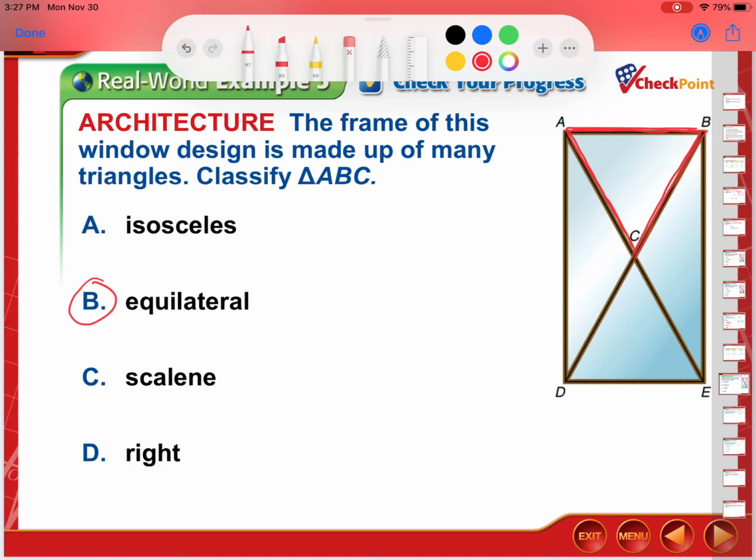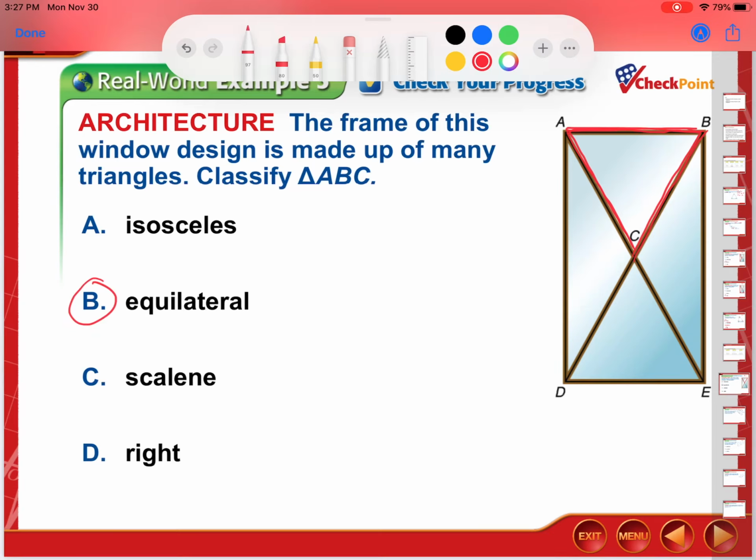I'm fairly certain all these sides are the same. I believe it's equilateral. But once again, they didn't give us enough information. And now you can argue it different ways, and I'm trying to think if there's a way. No, because they don't give us anything.